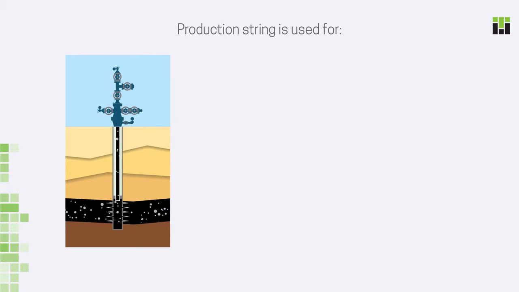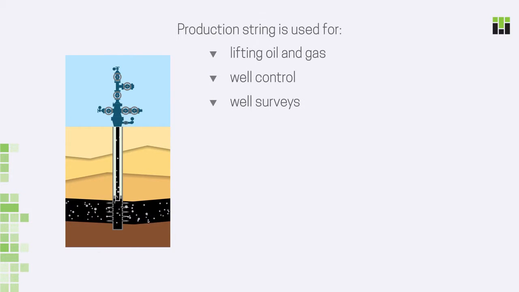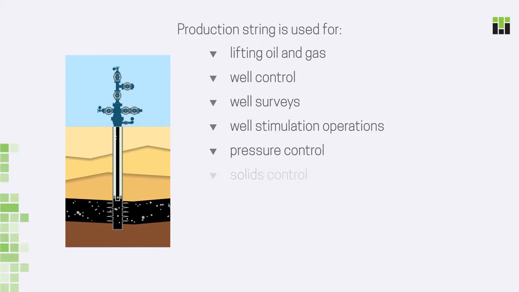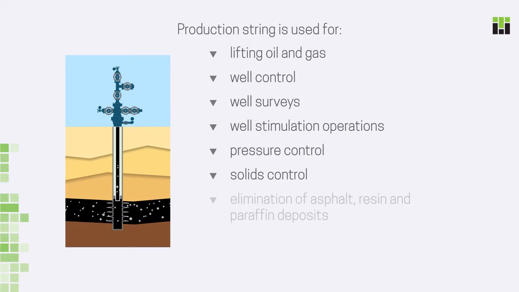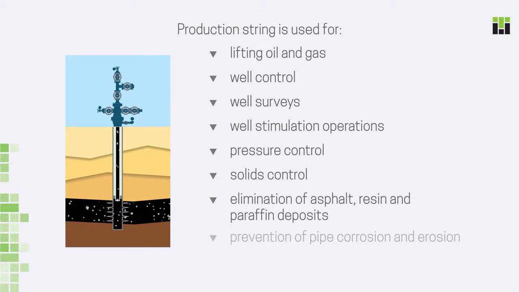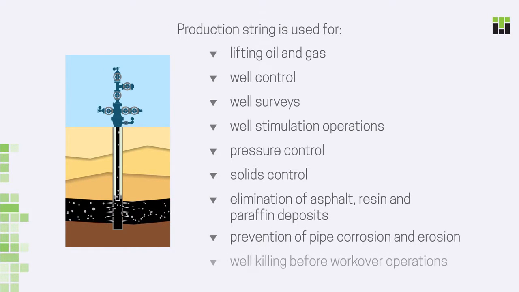Production string serves many more purposes than lifting oil and gas. It is also used for well control, well service, well stimulation operations, pressure control, solid control, elimination of asphalt, resin, and paraffin deposits, prevention of pipe corrosion and erosion, and well killing before workover operations.